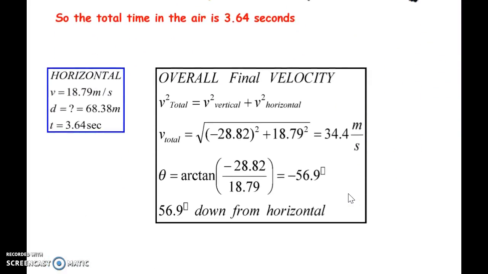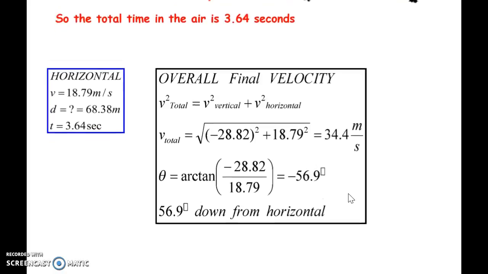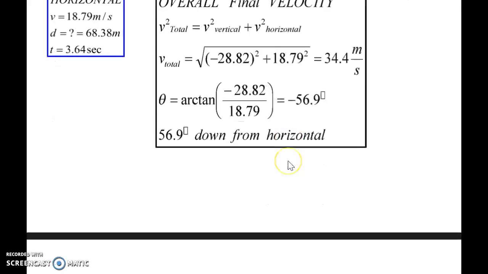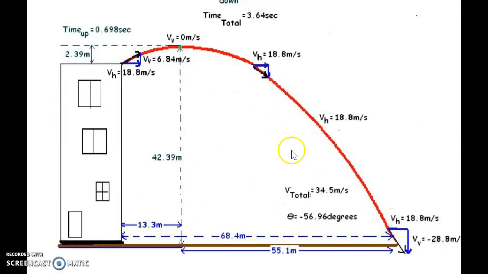We're almost done now because the horizontal case is so easy to solve. All we have to do is take that total time times the horizontal component of the velocity, and we can see how far horizontally the ball moved. The last bit is a little bit tricky. We have to take that final velocity, which we see here in this little triangle. We need to solve that triangle. We have the horizontal component.